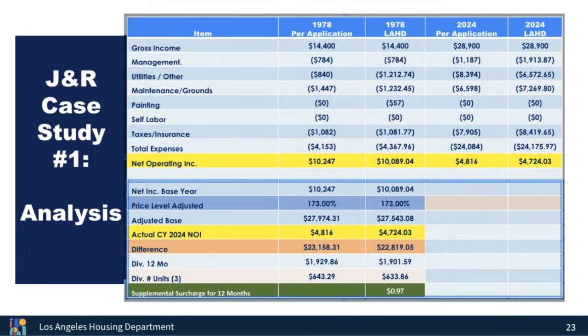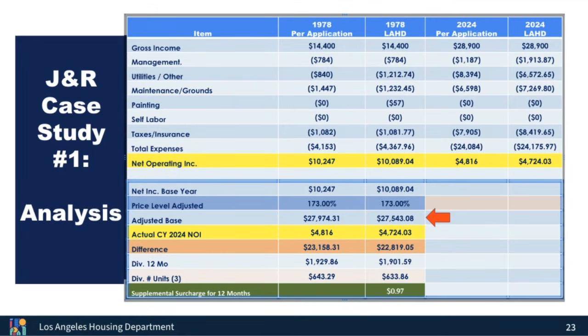This table shows base year 1978 versus current year 2024 and per applicant versus per LAHD findings. This case study shows that the current year is not at a net loss, but that the NOI for the current year is less than the base year, $10,089.04 versus $4,724.03.